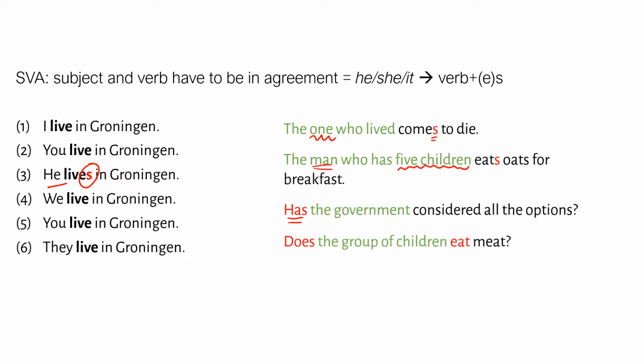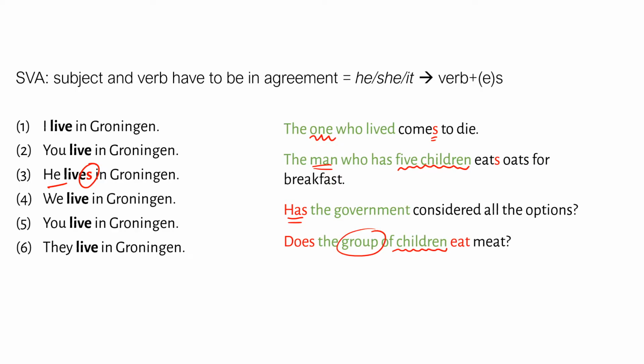Does the group of children eat meat? Also very difficult, because we have group and we have children. And even though you might say, well, group is more than one person, that might be a plural form as well, we still consider group a singular, enkelvoud word, right? Because group is one thing, it's one group.